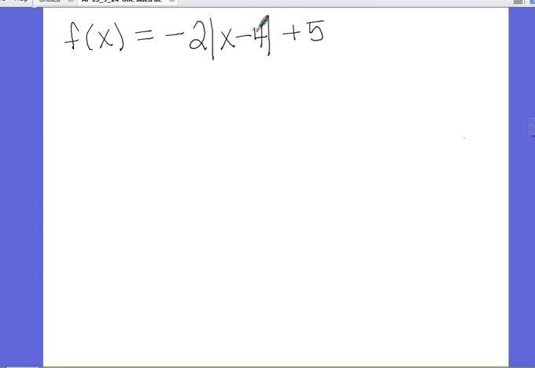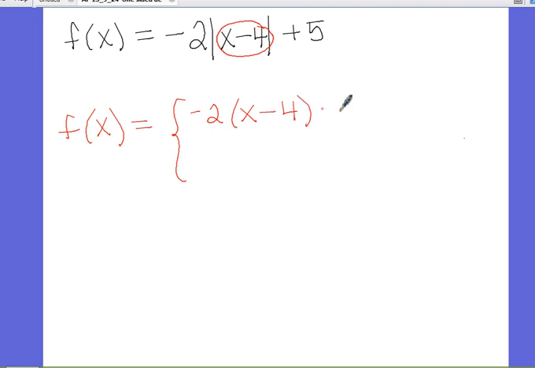You're going to physically take this guy that's inside the absolute value, and you're just going to make the function once, exactly the same as you see it. And then the other one, you're going to do exactly the way that you see it, except for the inside, right here, you're going to do opposite of x minus 4.